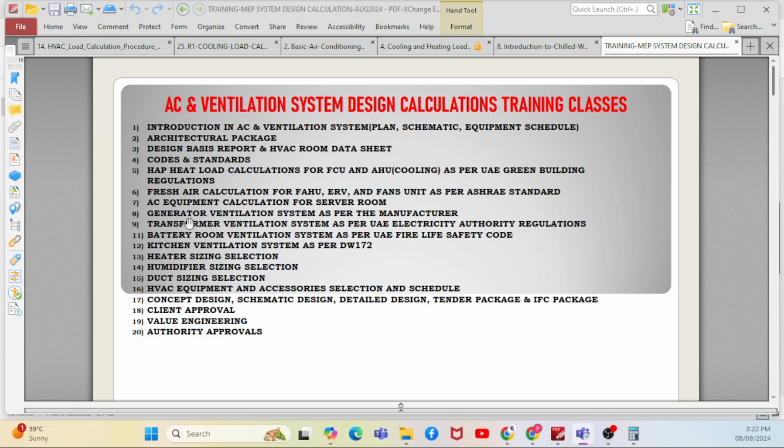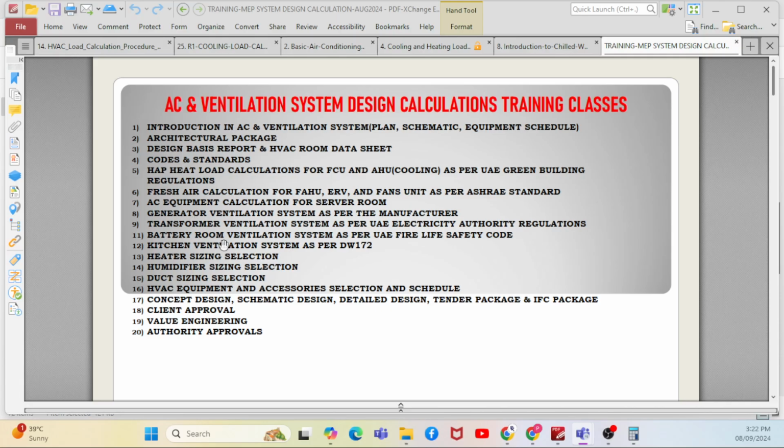During that failure scenario, there is a 2 to 3 minute gap where you are supposed to not switch off any of the critical equipment such as CCTV, fire alarm controls, or server rooms. So during that time your battery room will perform, and your battery can give you the backup energy between the transformer and the generator power.